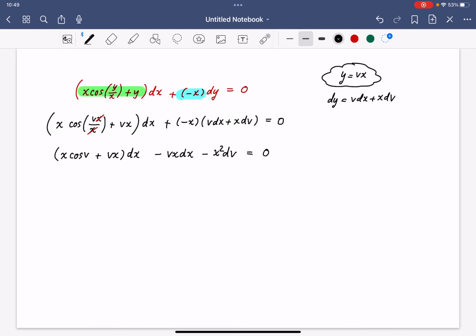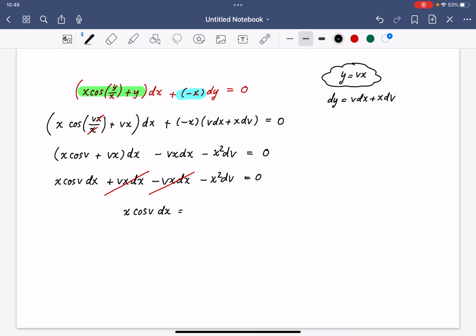Okay? Better this way. Now something actually cancels, because if you expand the first term, x cosine v dx plus vx dx, you have vx dx here as well. So this is actually not that tedious, because this and this cancel out, and you only have one term left: x cosine v dx.